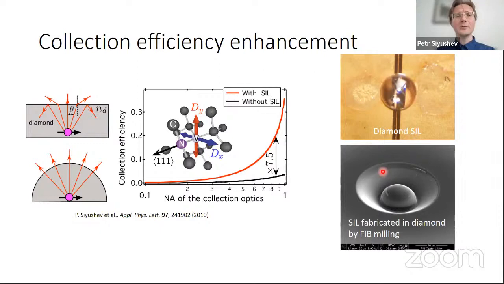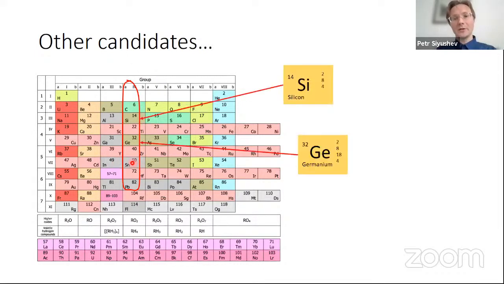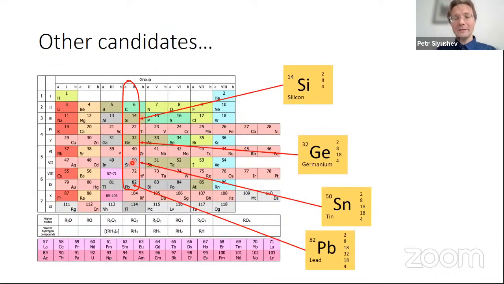That motivates us to search for other candidates, and recently an entire group of defects was found associated with the fourth group of the periodic table, namely silicon, germanium, tin, and lead.